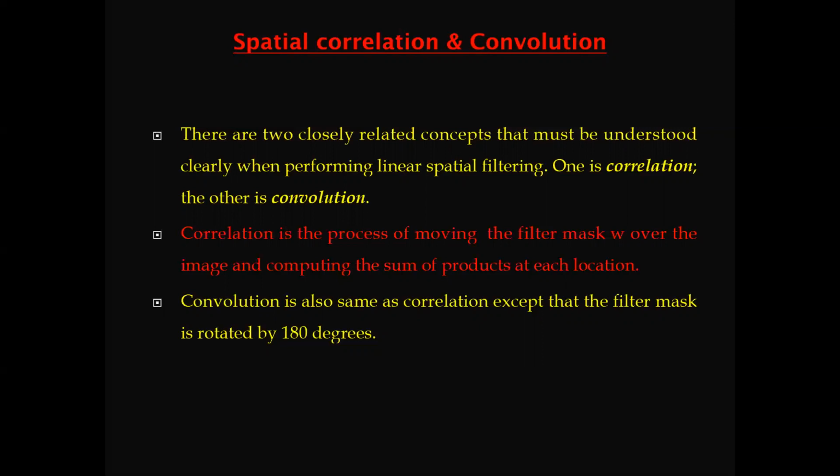Convolution is the same as correlation, the only difference being that the filter mask should be rotated by 180 degrees. That means first we perform the correlation with the filter mask. After that, if you rotate the filter mask and perform correlation again, then the correlation becomes the convolution.